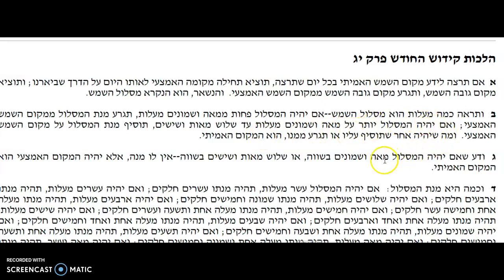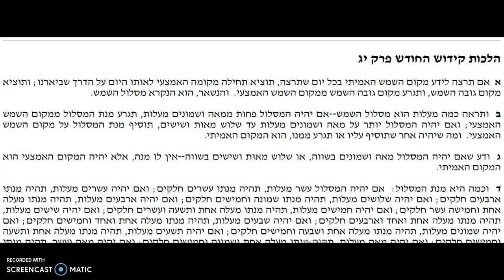If the maslul is exactly 180, it has no portion. Now let's start understanding what we're talking about. There's maslul and there's manas hamaslul.